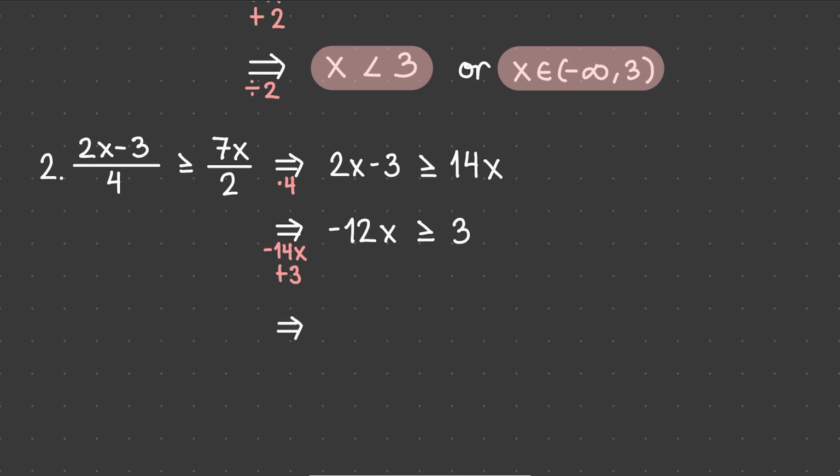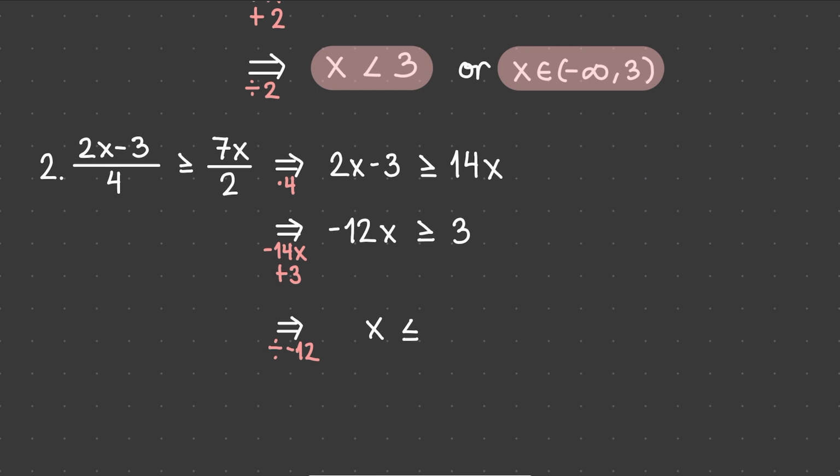And then the last thing to do is to obtain x here, we must divide both sides by its coefficient, which is -12. So dividing by -12, take note that this is a negative value, which means that this sign must flip because that's how inequalities work. On this left side, we will obtain x, and this is less than or equal to 3 divided by -12.